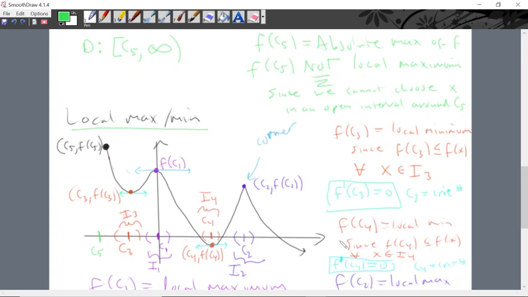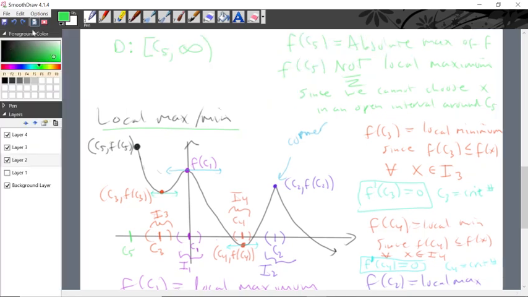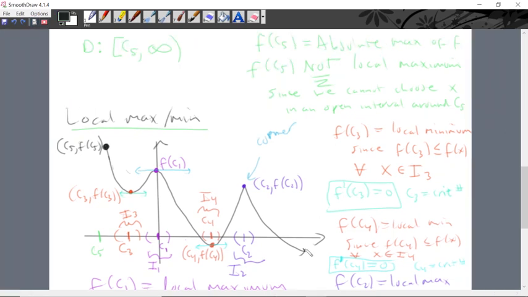What about an absolute minimum for this graph? We take a look: what is the lowest y value that we will attain? Well, it looks like the function is trying to continue to go down, and that is my intention here. I was intending to draw it that way, so the function continues to go downward below what this y value was.